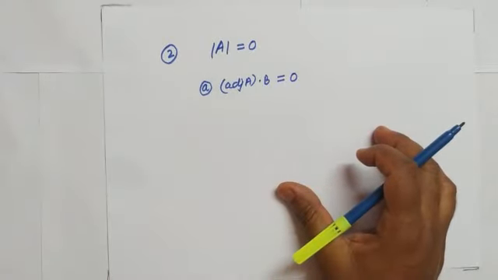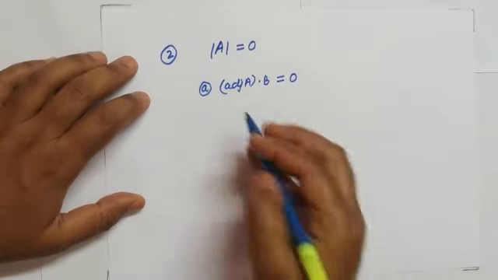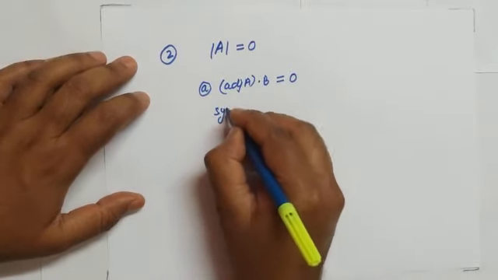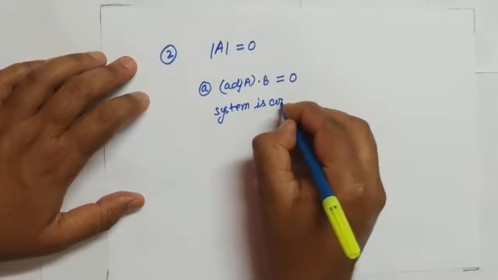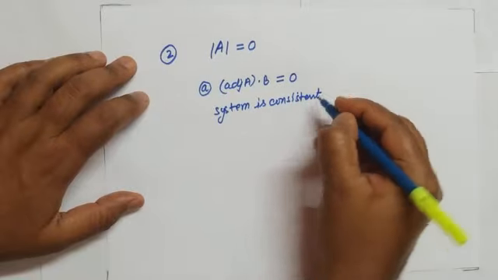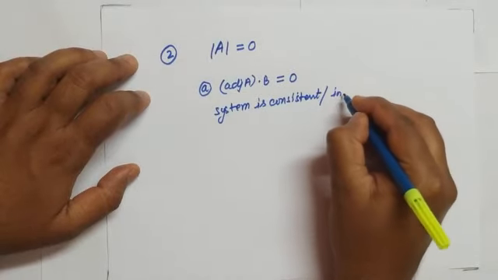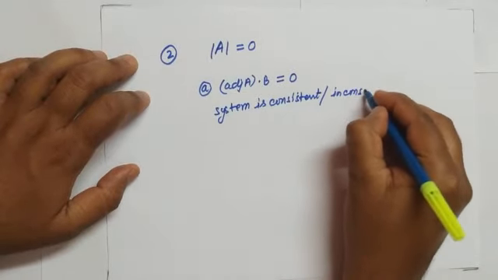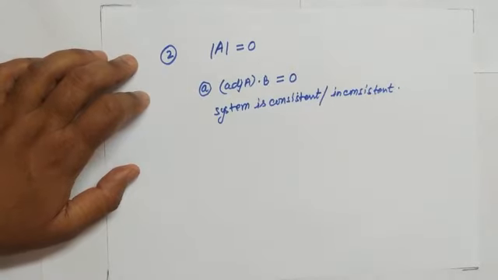When adjoint of A multiplied with B gives the 0 matrix, then the system is either consistent or inconsistent. Both possibilities are there. Either it is consistent with many solutions, meaning infinite solutions, or it is inconsistent.